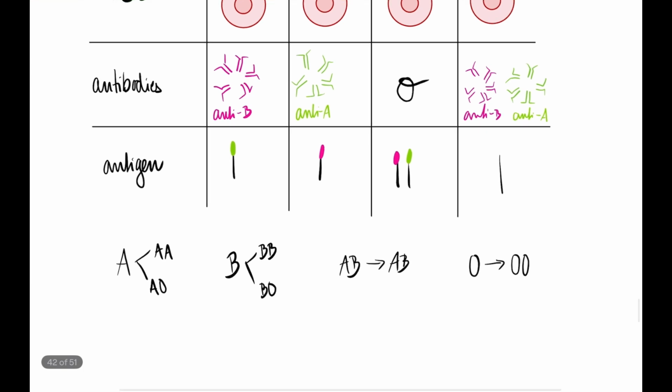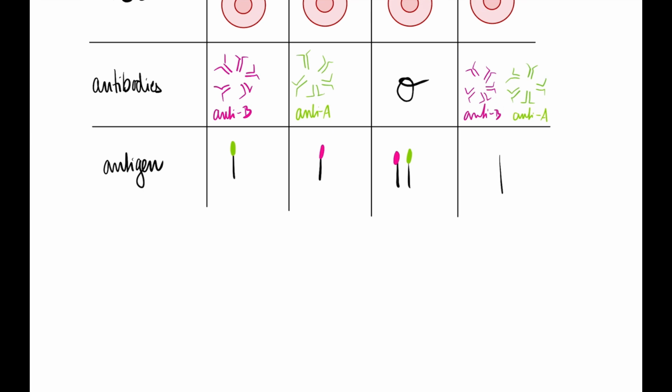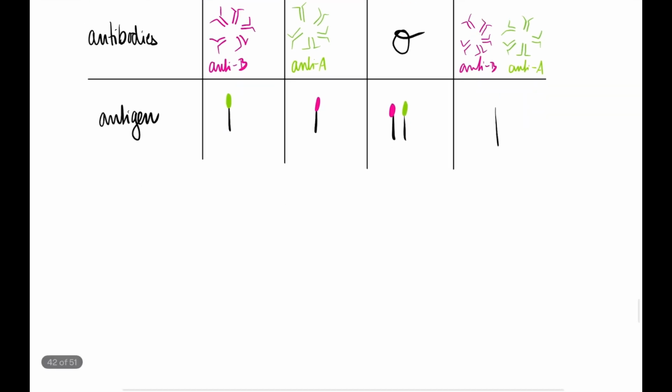Right. Another thing is the Rh factor that I have mentioned before, because the Rh is mainly coded by a gene that produces some D antigen. And if you have capital D and lowercase d, and if you've got two capital D's, you get the Rh plus blood group.